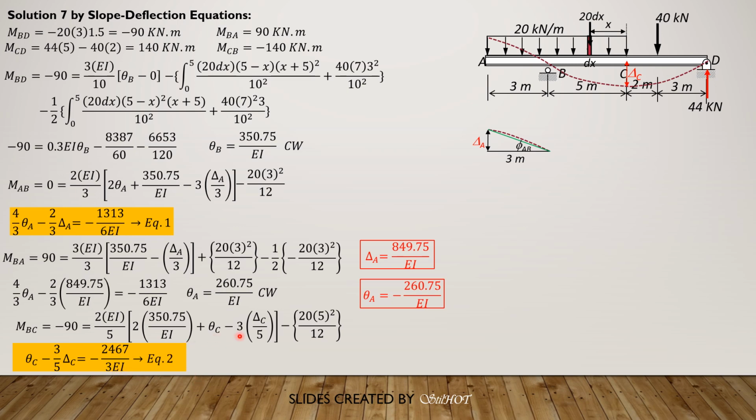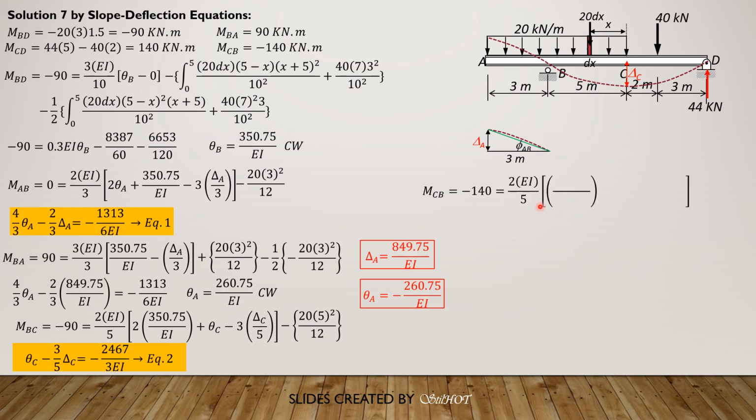So theta C minus 3 delta C over 5 equals negative 90 plus 20 times 5 square over 12, then times 5 over 2, then minus 2 times 350.75. That's the result.